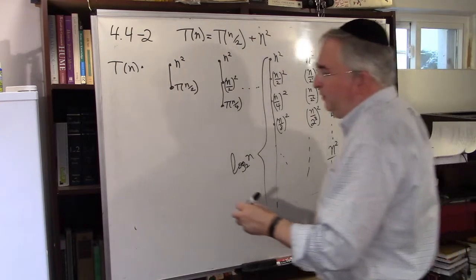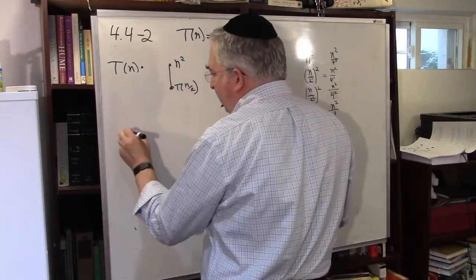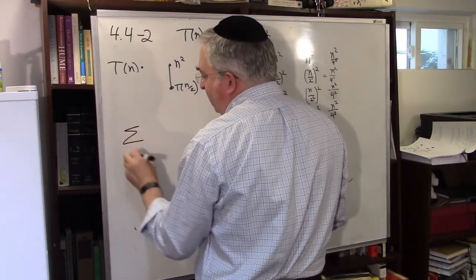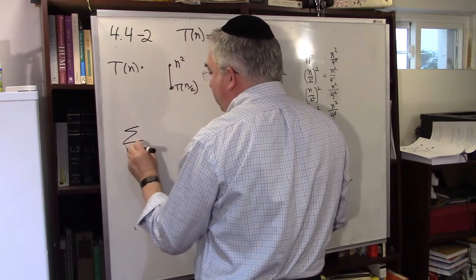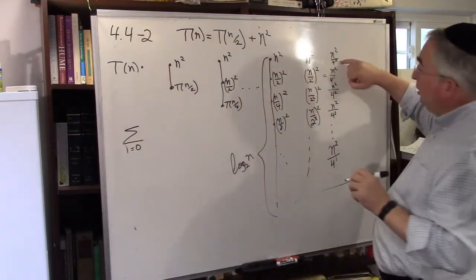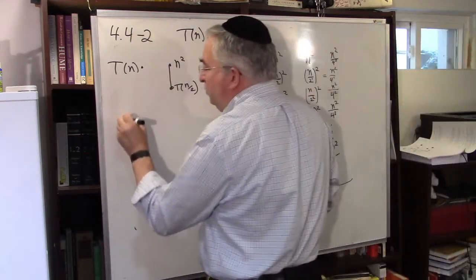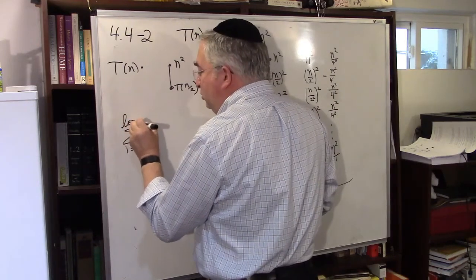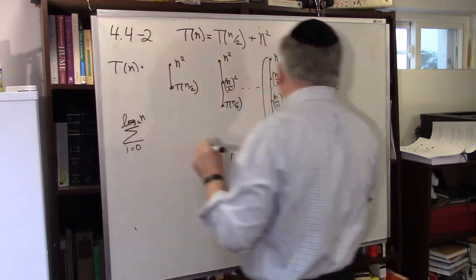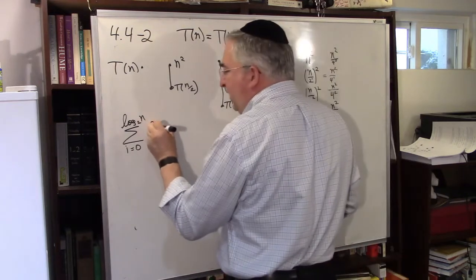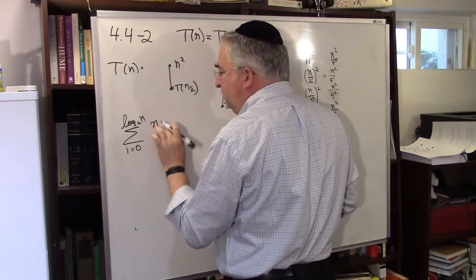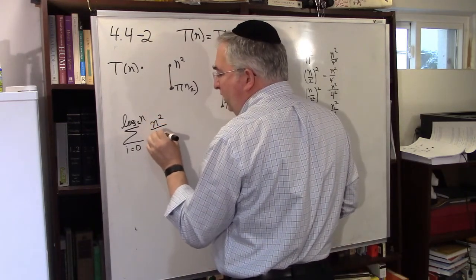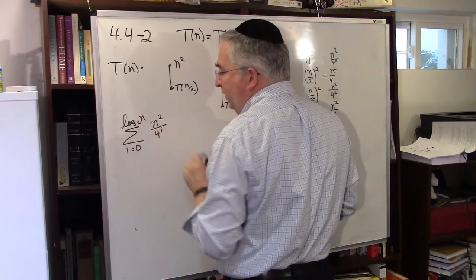So basically, what do we have? We have the sum of i equals 0, that's the lowest exponent, to log base 2 of n, of n squared divided by 4 to the i.